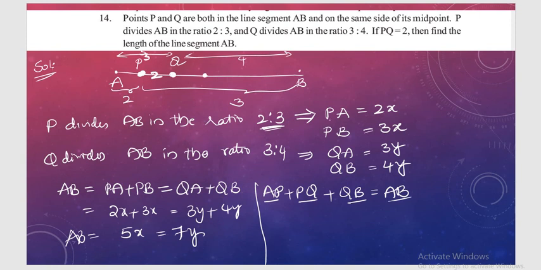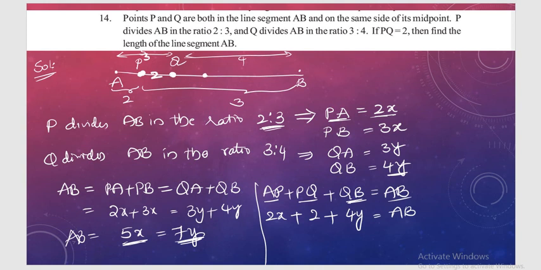Now what is the AP value? AP I can write as 2x, plus PQ value is already given as 2 centimeters. Next QB we know is 4y, and that equals AB. Now already we know 5x is equal to 7y.